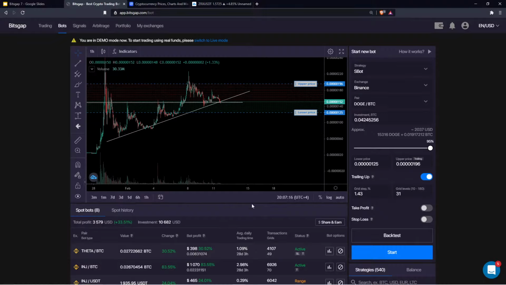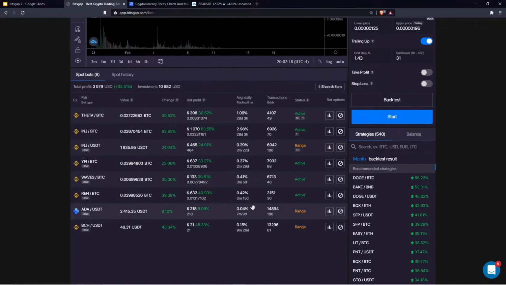So stay with me. Below you have the layout where you have all of the active strategies, and you can see exactly what investment you allocated to each strategy. For example, in Theta trading Bitcoin, my allocation was 0.027 Bitcoins, and so far it has managed to generate 30% on my initial investment.